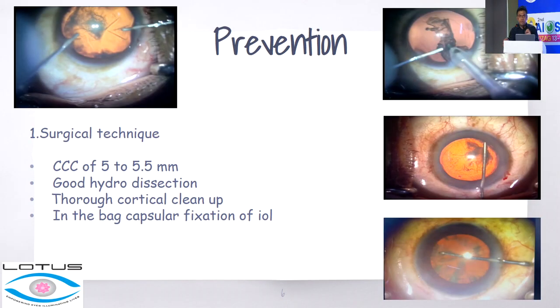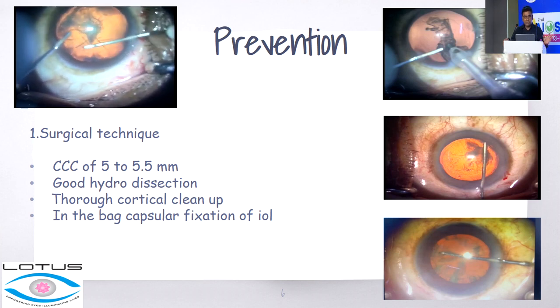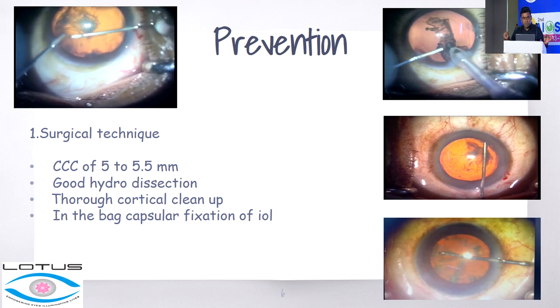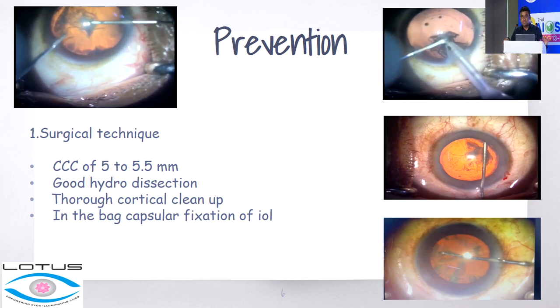So how to prevent or postpone the onset of this? What I personally feel is we need to follow certain things. Our rhexis should be between 5 to 5.5 mm. The edge should cover almost 0.5 mm of the optic margin, so that it gets postponed, and very good cortical cleanup is very, very important.